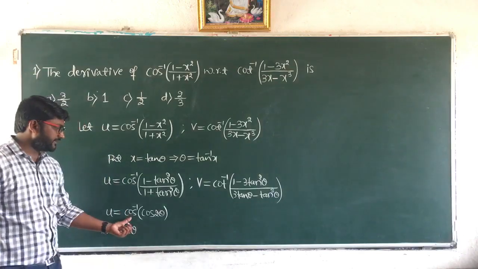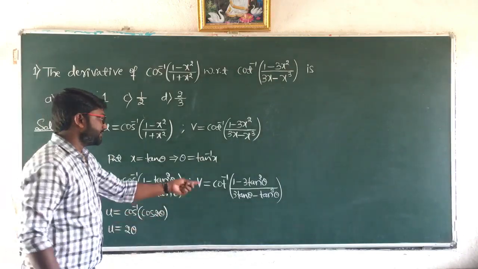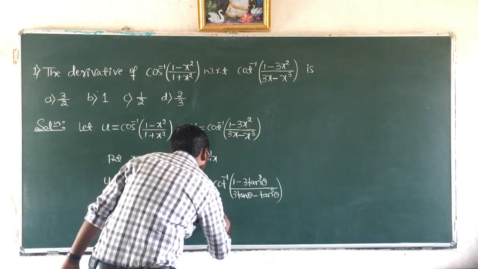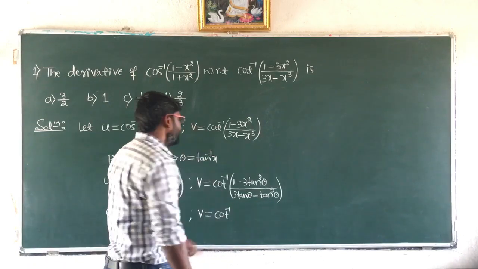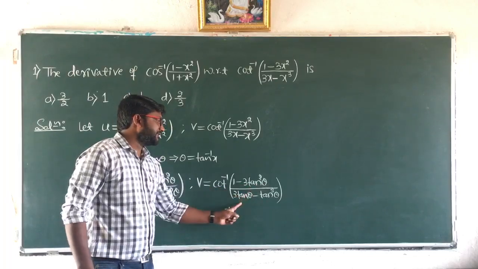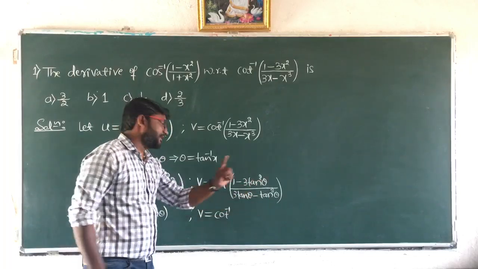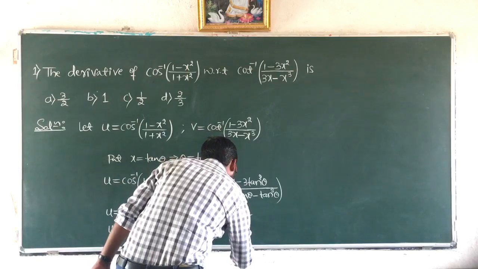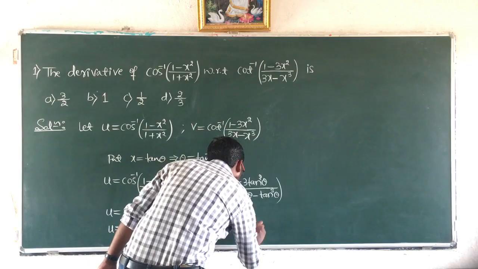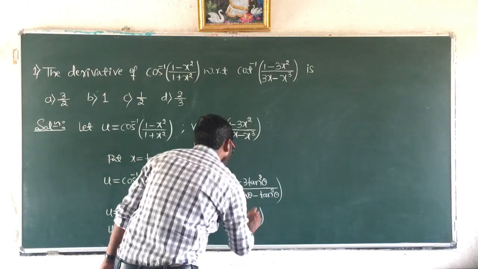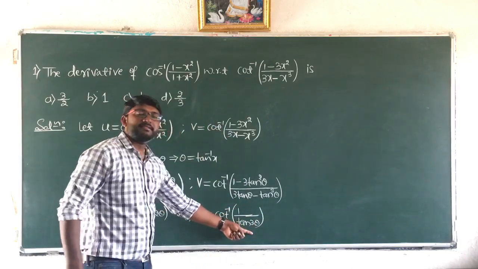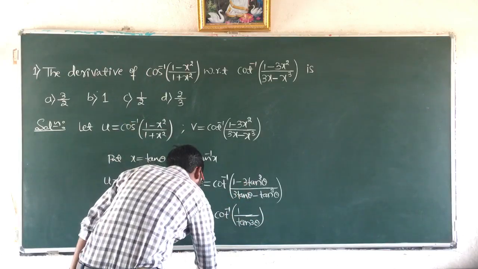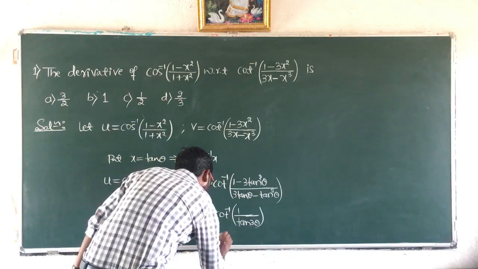Here v is equal to cot inverse of (1 minus 3 tan square theta) divided by (3 tan theta minus tan cube theta), which will be 1 divided by tan 3 theta. Now 1 by tan is cot, so cot inverse cot 3 theta will be 3 theta. V is equal to 3 theta.